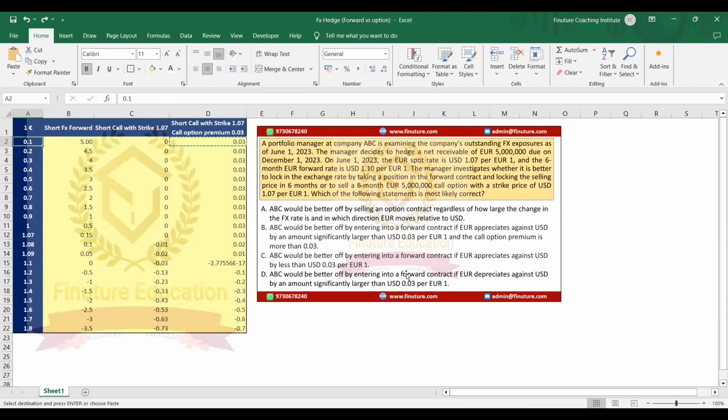As against the option, the losses from the option will not be covered by your premium if it goes to this range. So in that case, the short forward position is better. So the correct option is D.